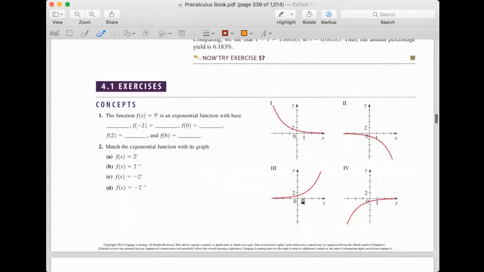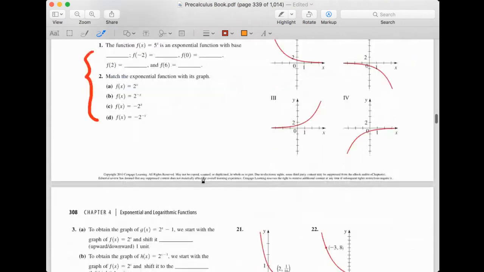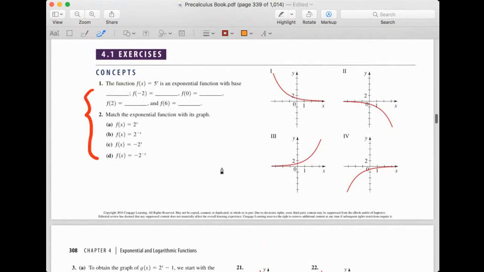All right, let's try some exercises. Let's try this one now, 1 and 2. I'm going to give you 10 minutes to do this. Then maybe I'll call people to show.